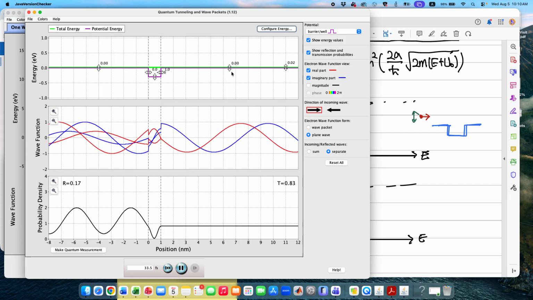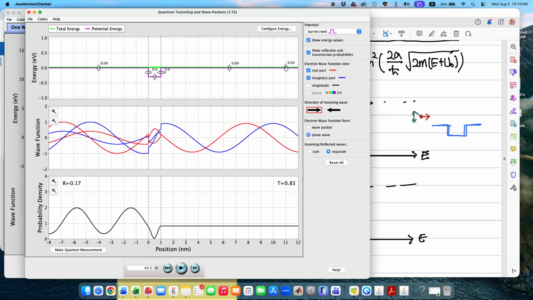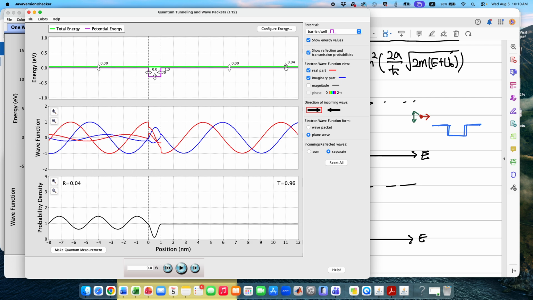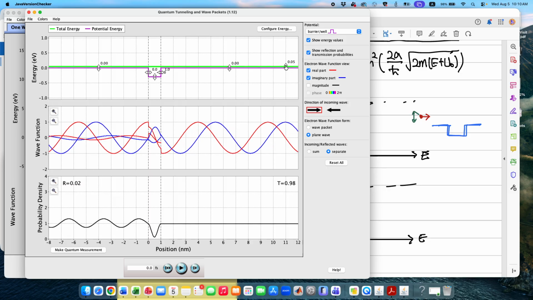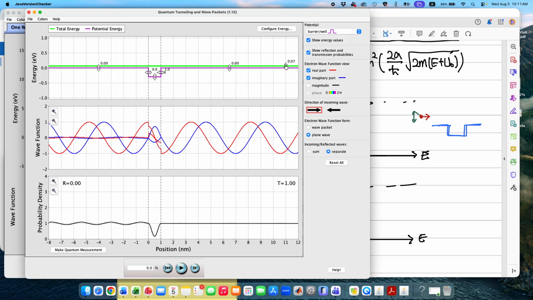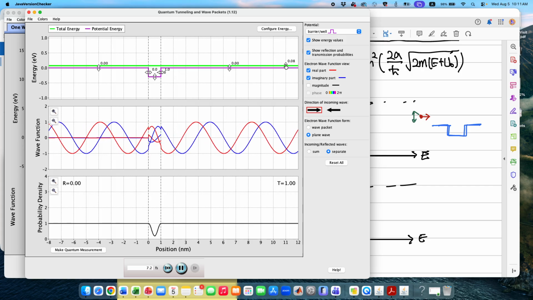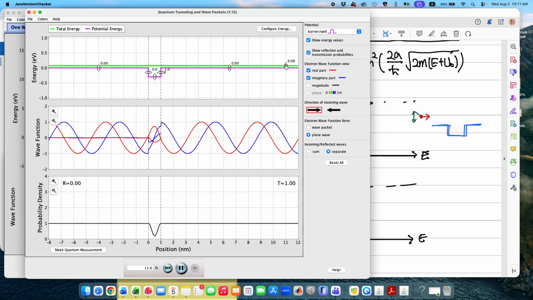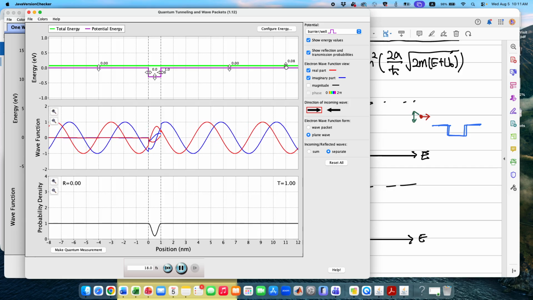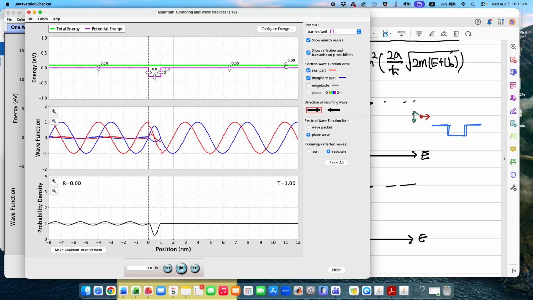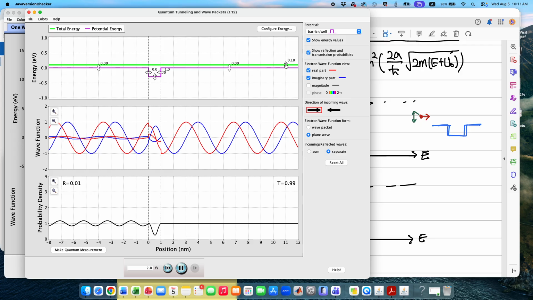Let me try to increase the particle energy, slowly increasing. Now 0.02, 0.3, 91%, 0.4, 0.04, 96%, 0.05, 98%, and if I keep going, now 0.08 electron volt, transmission is almost 100%, right? At some point it's going to be 100%, and if I keep increasing, guess what happens to transmission? Did you see?